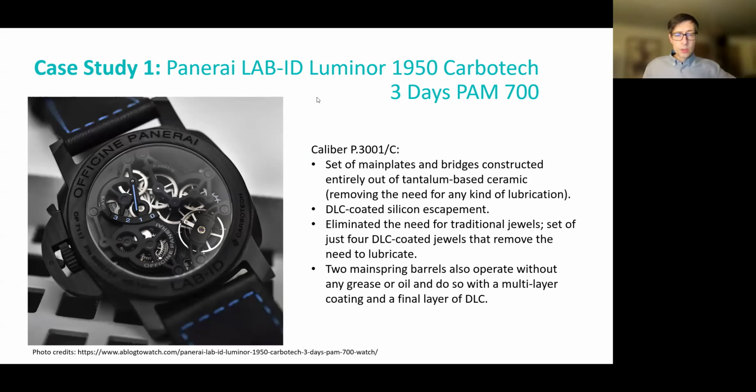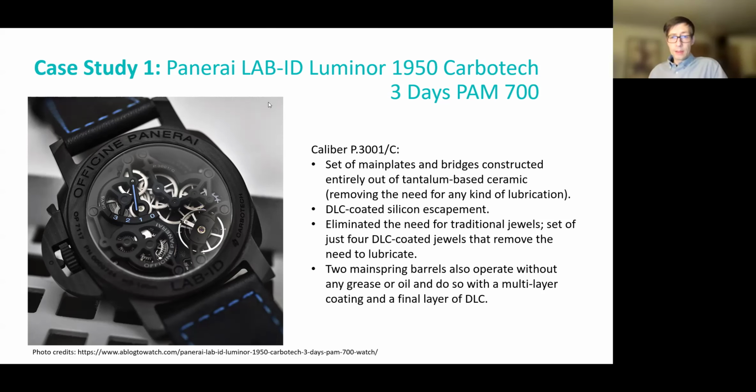This watch is special from the tribology perspective because Panerai claims that all the main plates and bridges are constructed of tantalum-based ceramic, which apparently removes the need for any kind of lubrication in this watch. There is also a DLC-coated silicone escapement. So DLC is used here not only as a finish material on the external of the watch, but actually inside the movement.